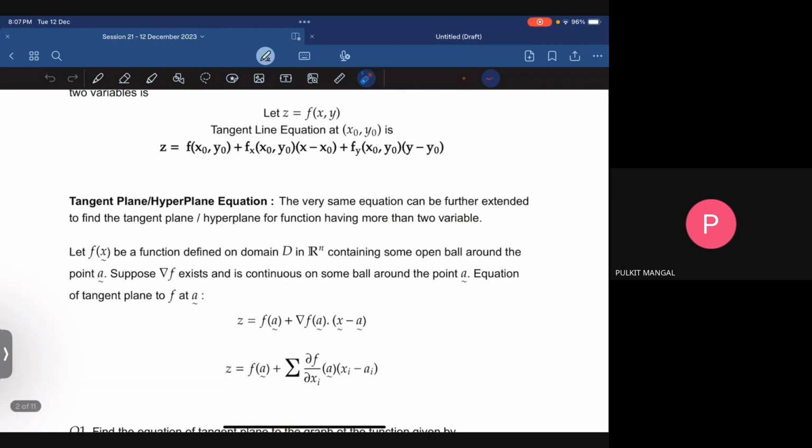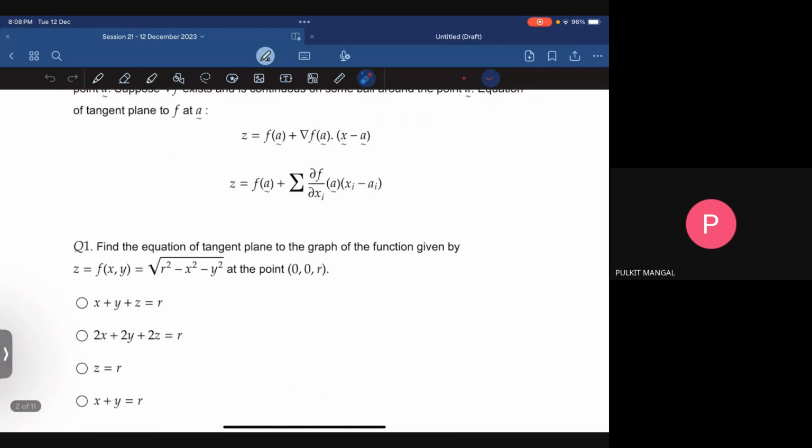That means here it is the same: first the partial derivative of the function with respect to the first variable at the point given to you on which you are finding the tangent, take the dot product with x minus the first coordinate of the point, do the same with the second variable, and this will continue. Okay, so let's solve one question to grasp this concept.